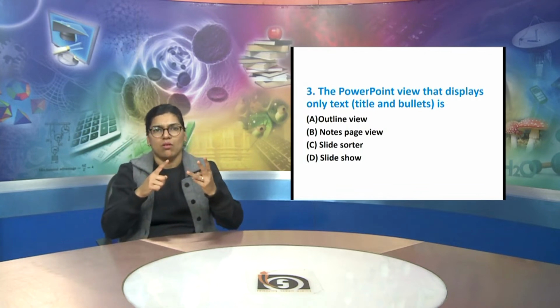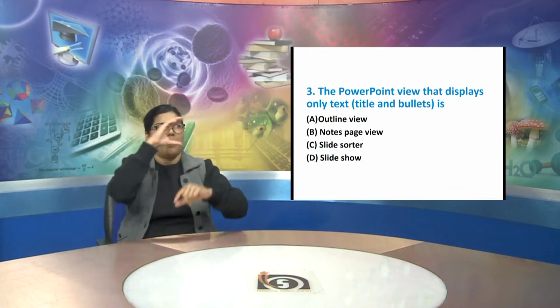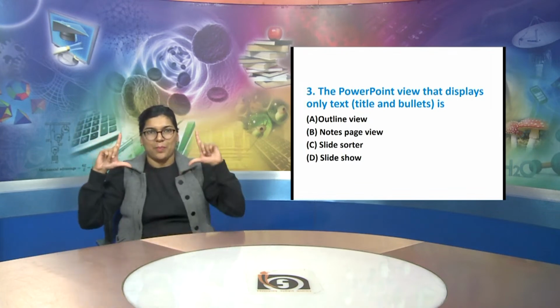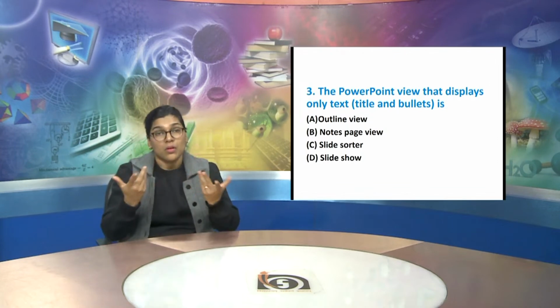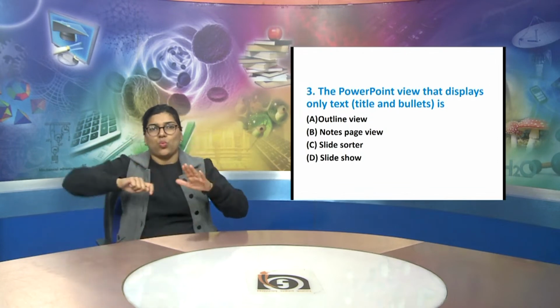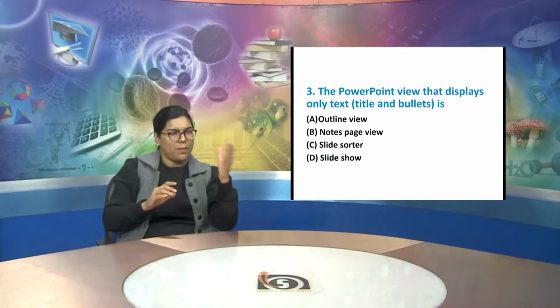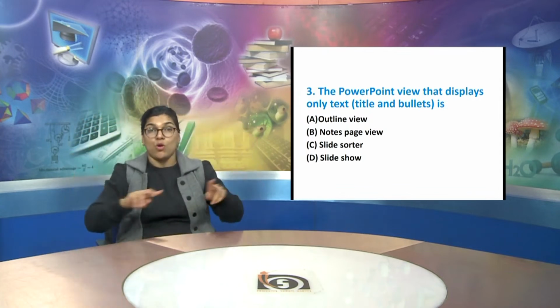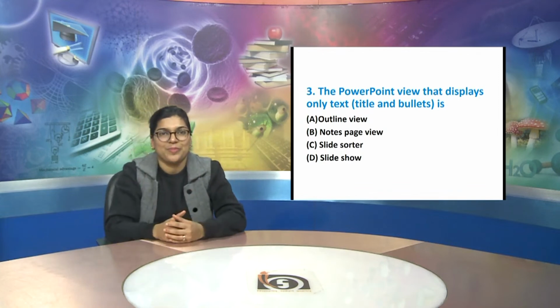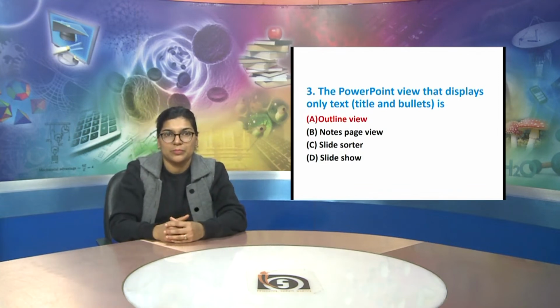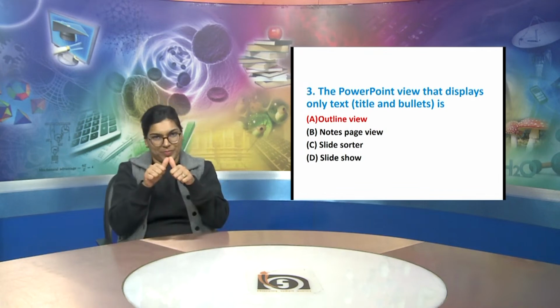Option C, slide sorter. Option D, slide show. See the correct option. The correct option is A, outline view.